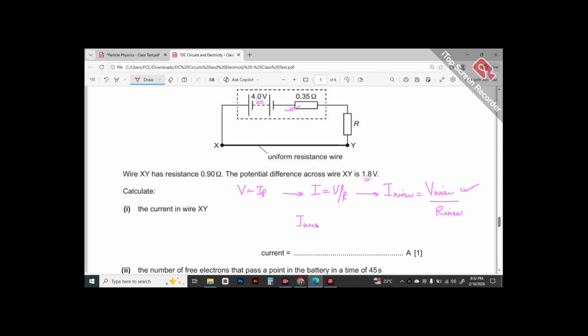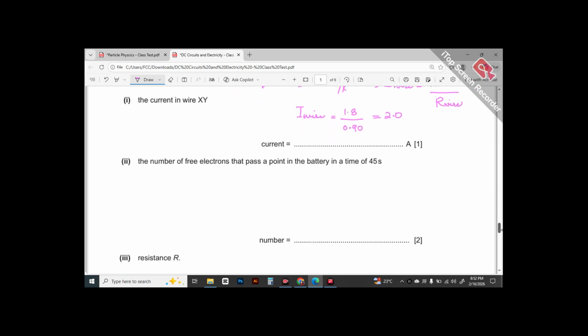So current through the wire should equal potential drop across wire, which is 1.8 over the resistance of wire, which they have provided is 0.90. You divide these two, you'd get 2.0, and this is the current passing through the wire. Now, we are saying the number of free electrons that pass a point in the battery in time 45 seconds.